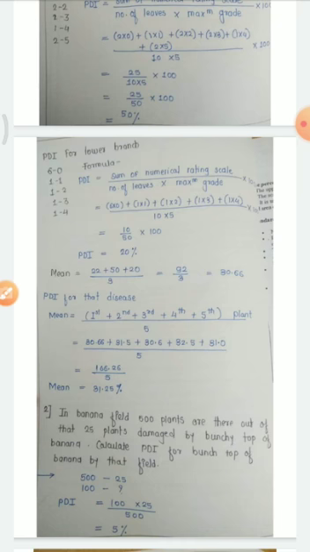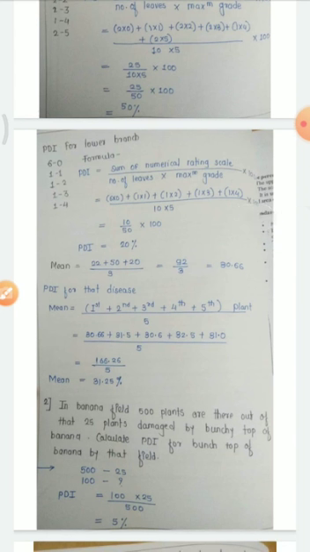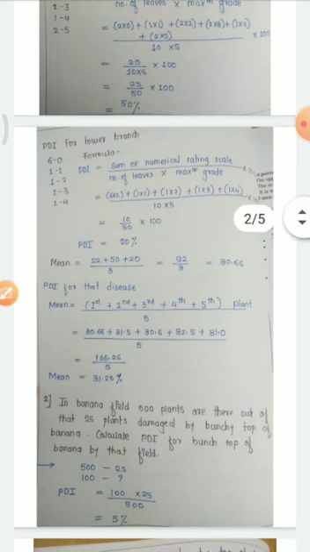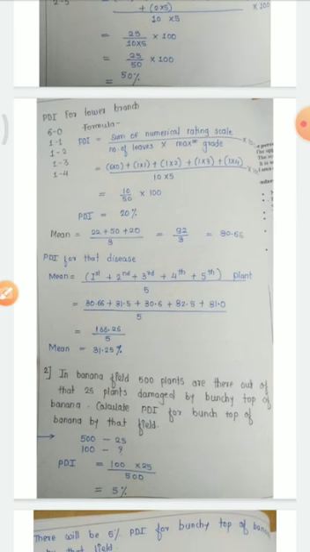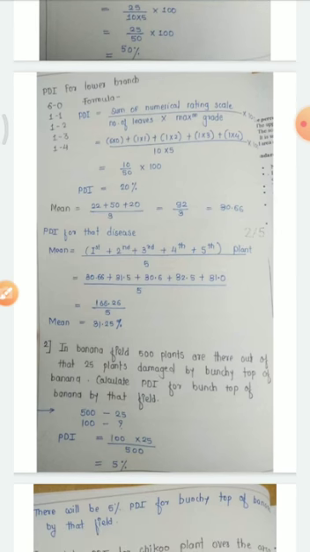Then 2 indicates that one leaf shows near about 30 to 45% damage, one leaf shows near about 50 to 75% damage, and one leaf shows near about 75 to 100% damage. So we just have to make the calculation. After that calculation, the PDI for the lower branch is 20%.